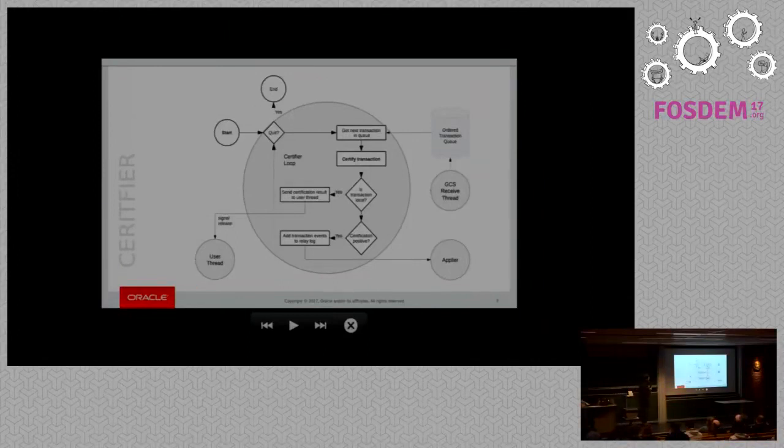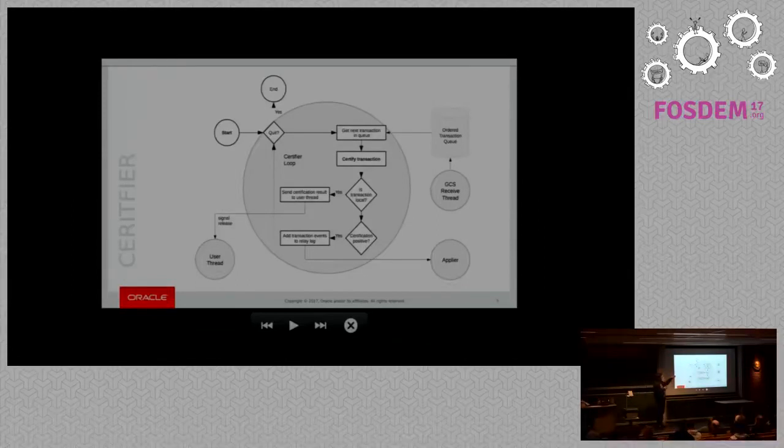The second part is this one, where indeed we have a loop that handles the data that gets in from the network, ordered, and at that point we receive the transactions, get them ordered, and we get a transaction one by one, and then decide to certify and then see, according to the state in each node, the GTID executed in each node, and the information that comes on the right side from the network, we decide if they are compatible, that we can proceed with that transaction, or if we have to abort.